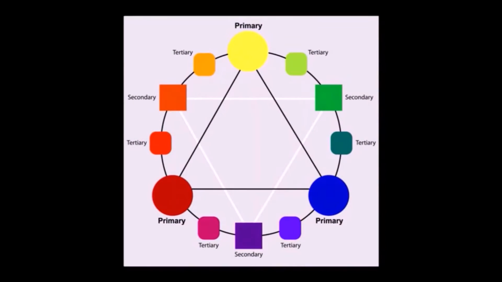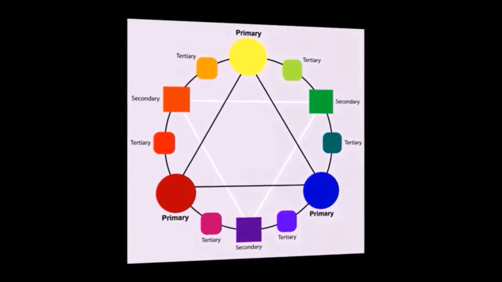All other colors are mixes of primary colors. Secondary colors are the two primary colors mixed together, green, orange, or violet. Intermediate colors, sometimes called tertiary colors, are made by mixing a primary and secondary color together. Some examples of intermediate colors are yellow-green, blue-green, and blue-violet.